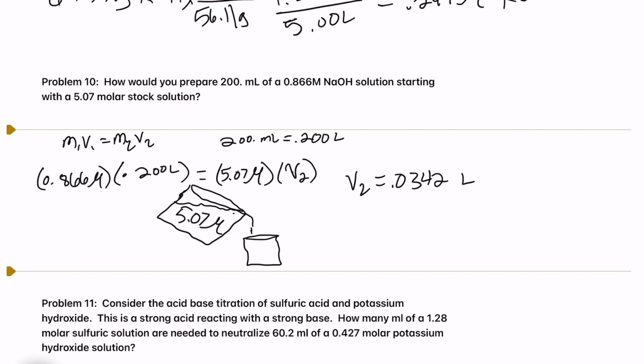And so if you can envision our beaker here of 5.07 molar stock solution, a very highly concentrated solution, I need to get to 200 total milliliters of solution, or 0.200 liters.